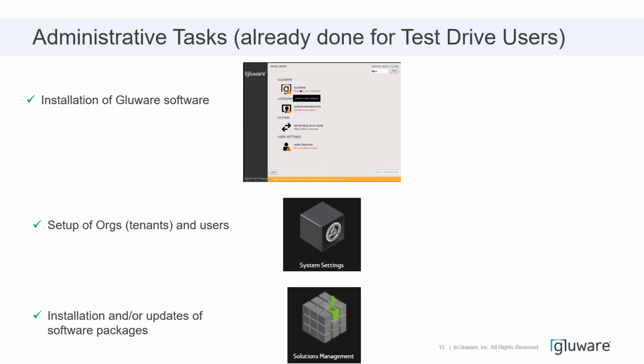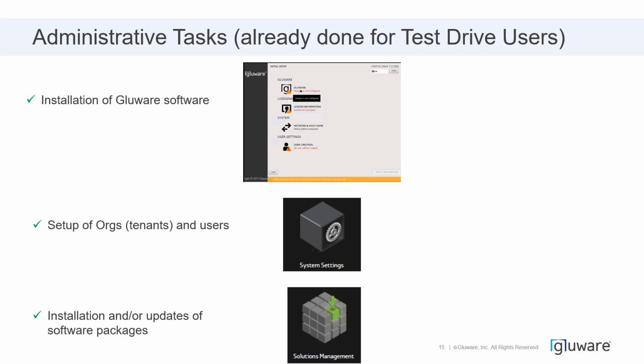And then also to quickly cover, because we're going to be jumping right into the use cases as you get started, three main administrative tasks have been done for you already. As you're executing the test drive, obviously the Gluware software itself has already been installed for you. Licensing and other requirements have been taken care of, so you're good there.